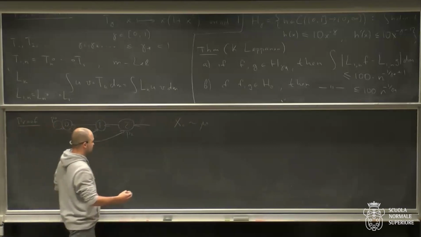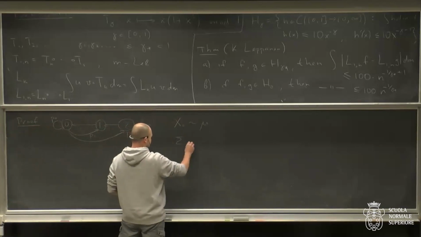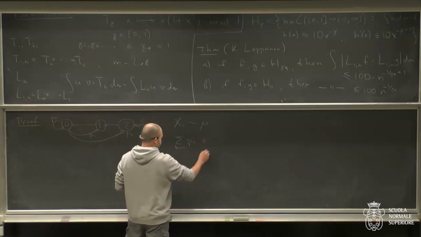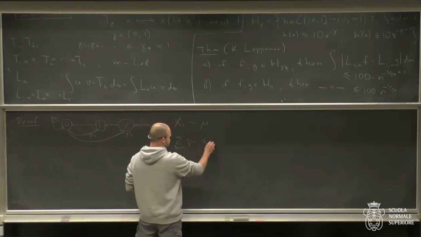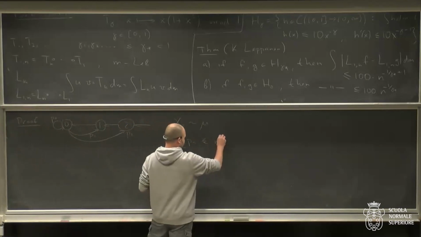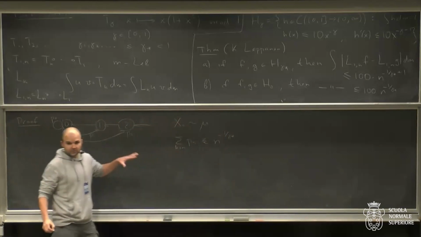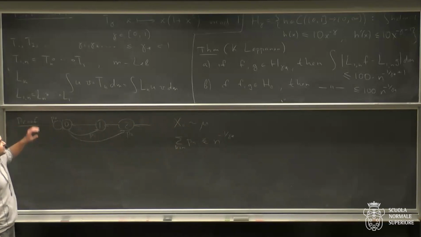These probabilities, their tails should behave at most like n to the 1 minus 1 over gamma star for this model to correspond roughly to the intermittent map.